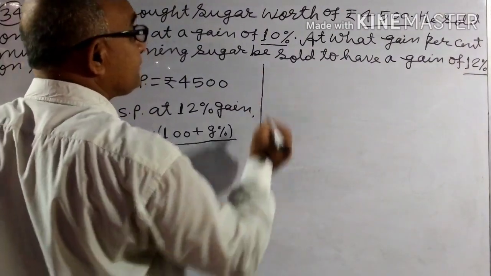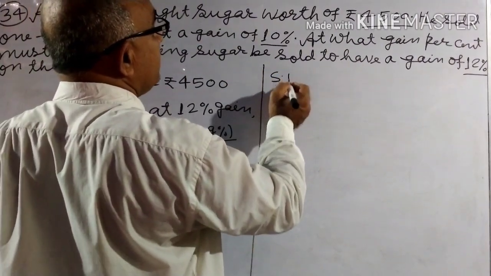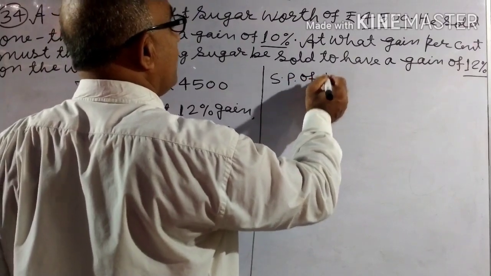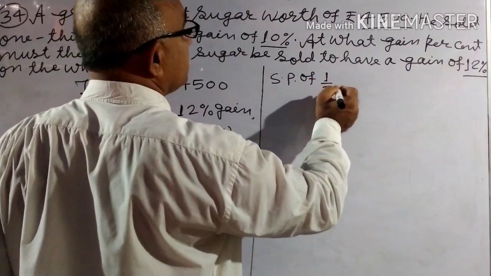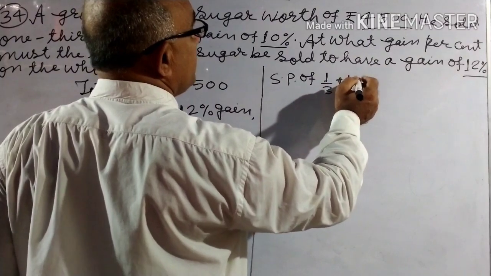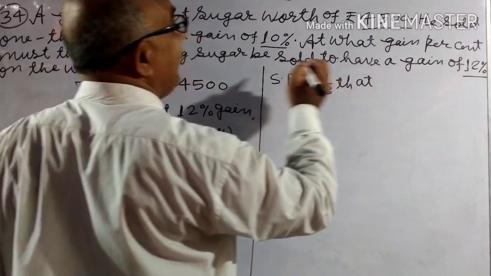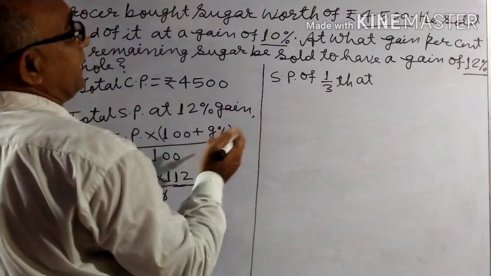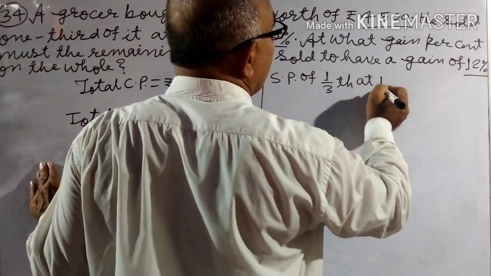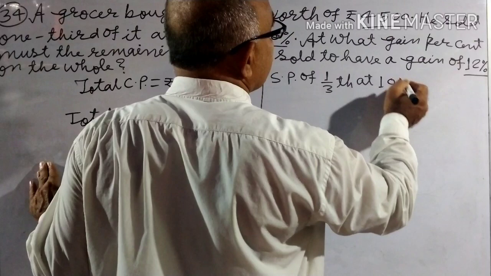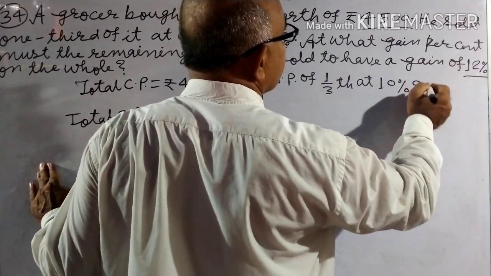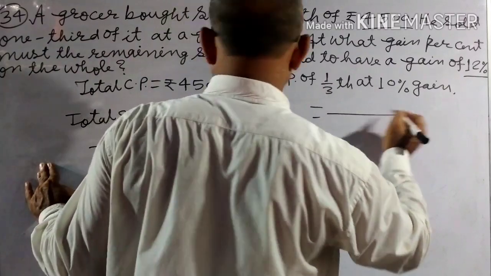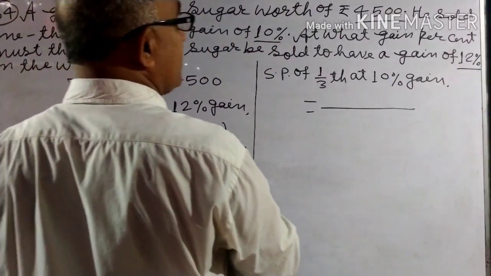Next find SP of 1/3 at 10% gain. At 10% gain equals formula: CP into 100 plus gain percent.